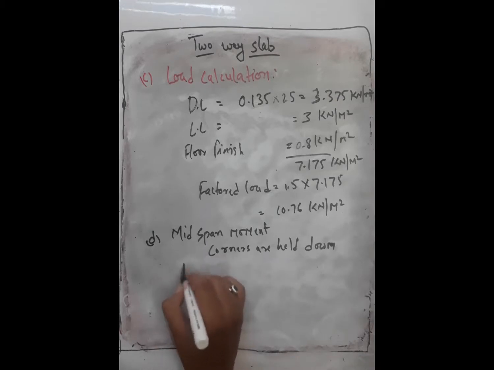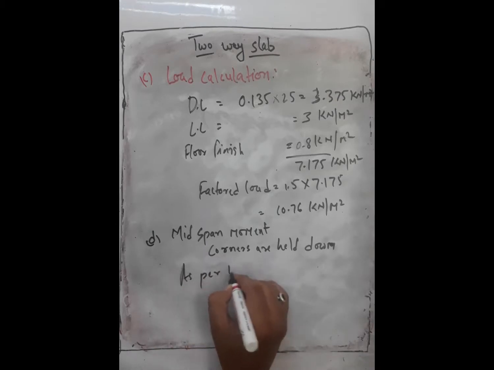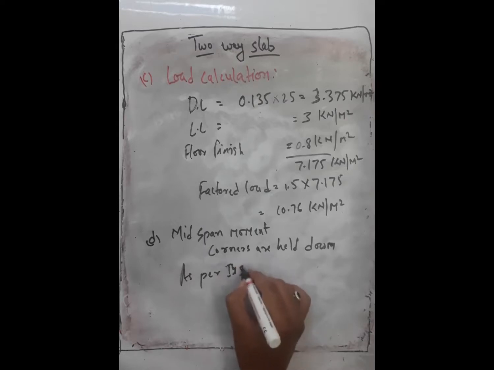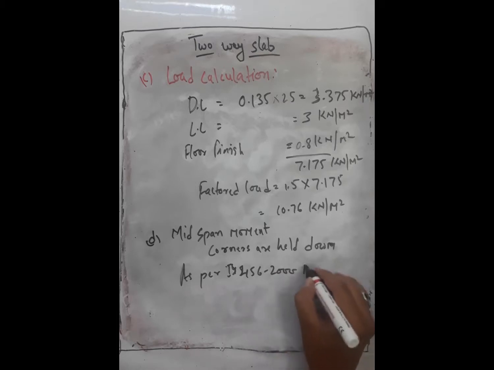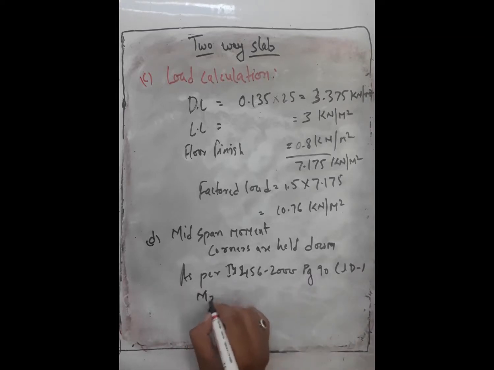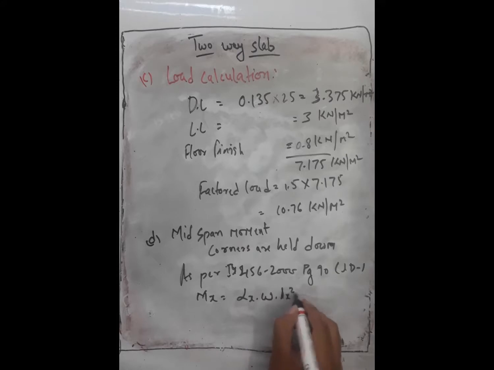So as per IS 456 2000, page number 90, clause number D1, Mx is equal to alpha x into w into lx square, and My is equal to alpha y into w into lx square.